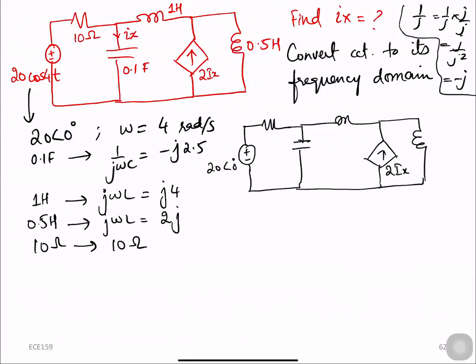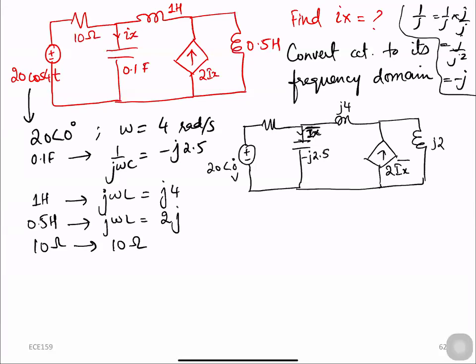I will not do anything on this current source because this is a dependent source which is dependent upon this Ix. You should use the same notation, although it's an AC current. So I will better represent it like this one. So, now let me write these values: j2.5, j2, j4.